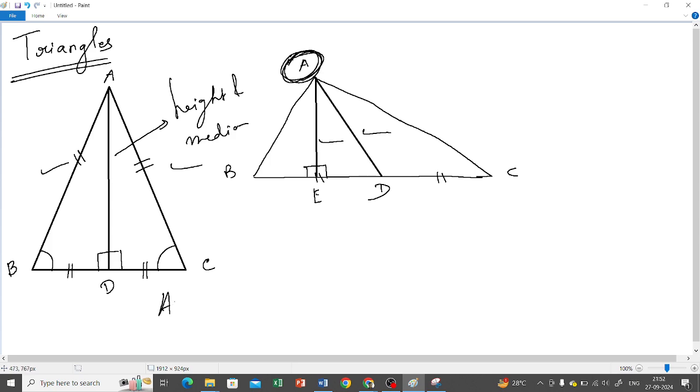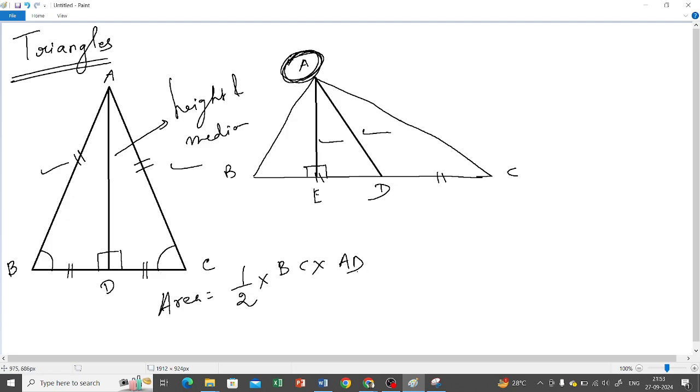You understood? What is the area of a triangle, Shritama? Half into no, half into, half into what? Half into base into height. These are simple things. So half into BC into AD, right?